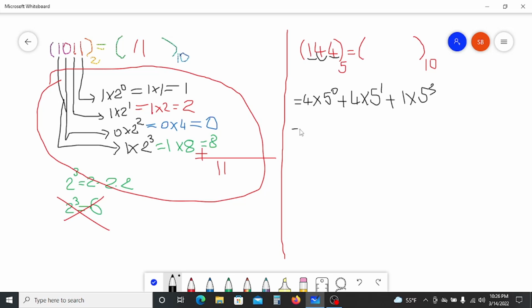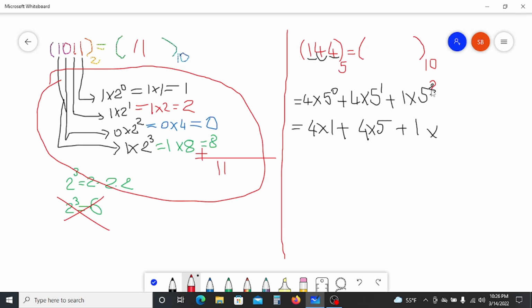Okay, let's try to calculate this one. 4 times 5 to the 0 is 4 times 1, plus 4 times 5 to the 1 is 20, plus 1 times 5 to the, actually this is 2 not 3, because the powers go 0, 1, 2. Let me make a correction.